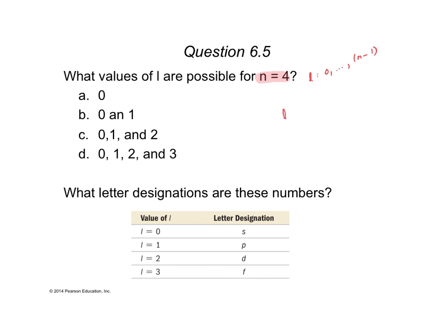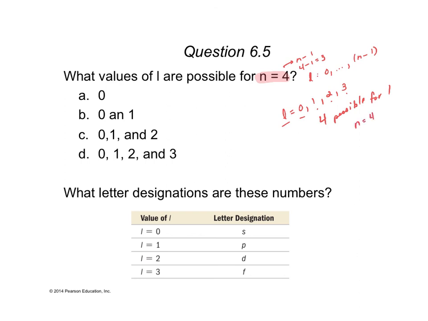So L can be 0, 1, 2, and n minus 1 is 4 minus 1, which gives us 3, so that is the last one. So L can be 0, 1, 2, 3. There are 4 possible values for L when n is equal to 4.